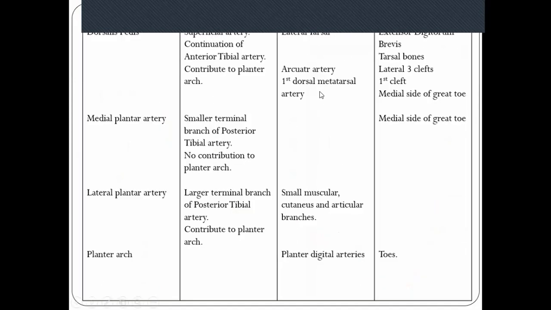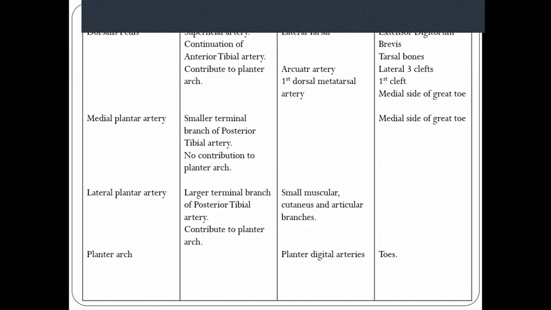So it gives off three main branches. First one is the lateral tarsal artery. This lateral tarsal artery supplies the extensor digitorum brevis and the tarsal bones. Then it gives off the arcuate artery. It supplies the lateral three clefts. And then it gives off the first dorsal metatarsal artery.